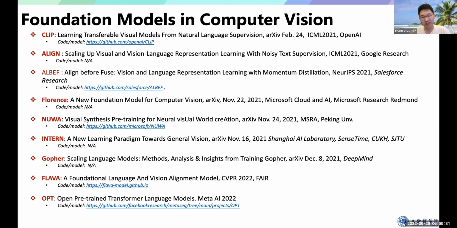It is quite topical recently. We summarize some recent foundation models, including CLIP, ALIGN, Florence, Nova, Intern, Gopher, and OPT. So to some degree, it urges us to study learning sparsity in deep foundation models.